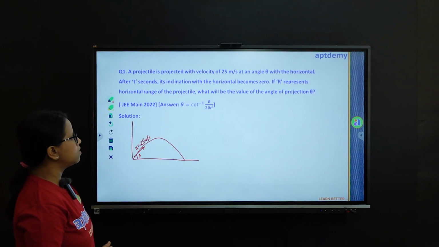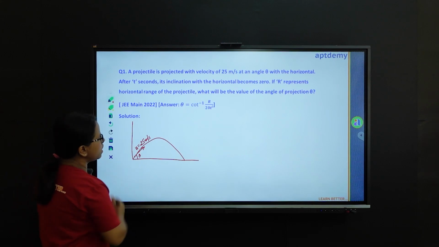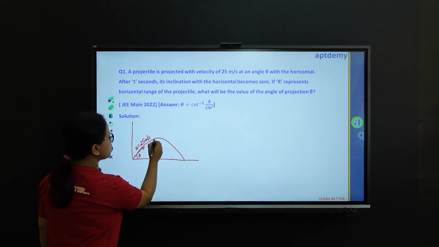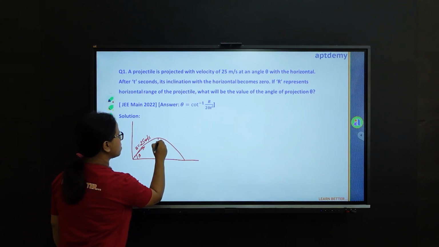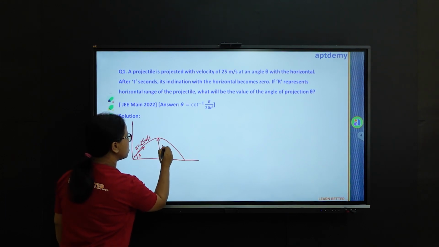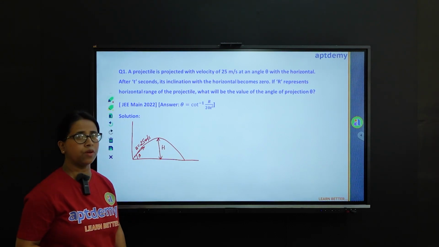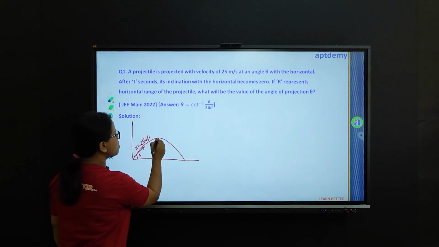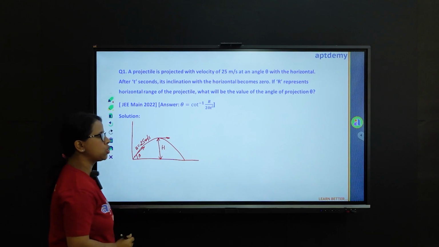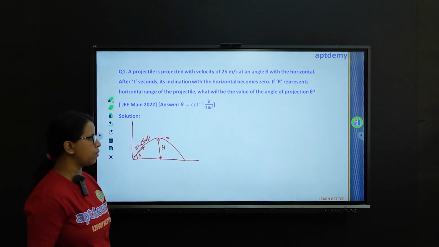After t seconds, the inclination with the horizontal becomes 0. So, when does the inclination of the projectile become 0 degree? Now, imagine this is a point. In fact, this is the maximum height attained by the projectile. Say the maximum height is given by h. So, at this point when the projectile is there, this is the direction of motion of the projectile.